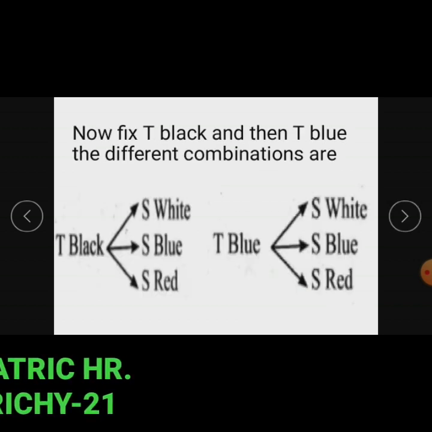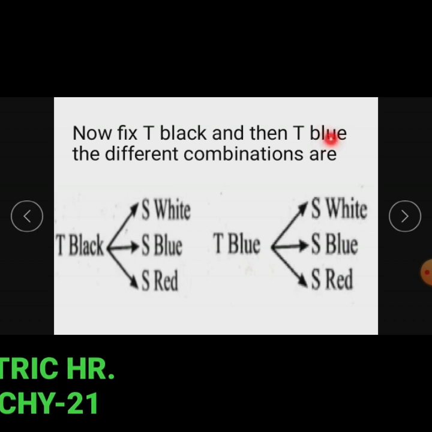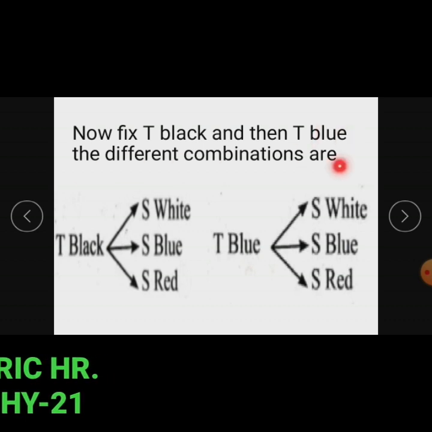Now fix T black and then T blue. The different combinations are T black with S white, S blue and S red, and T blue with S white, S blue and S red.